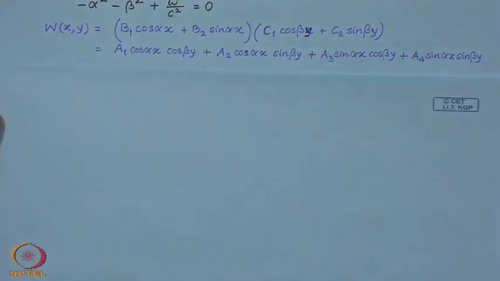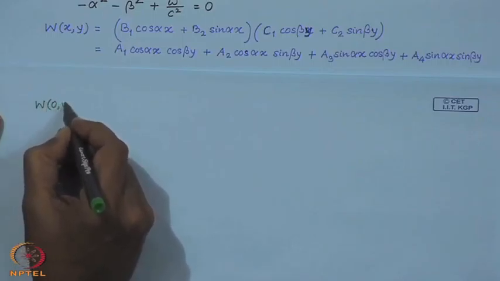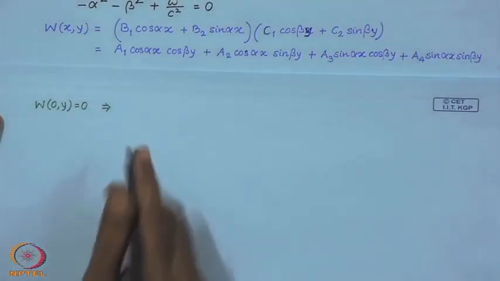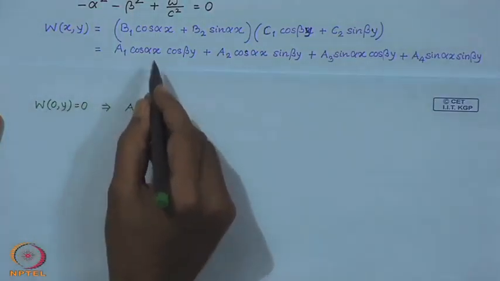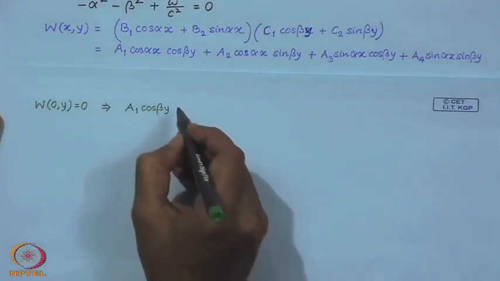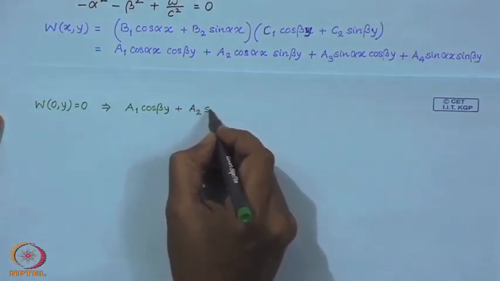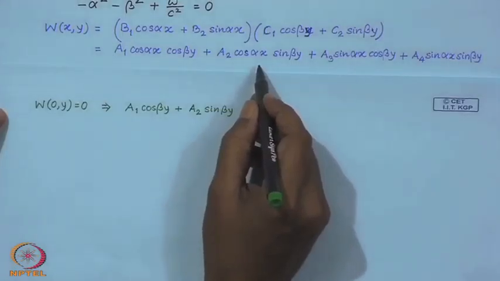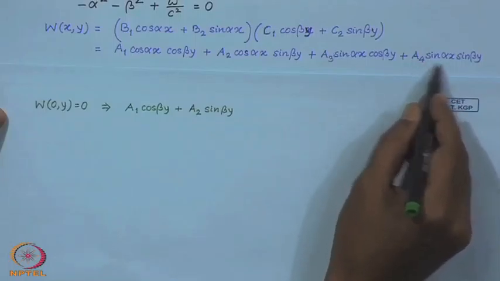So, you can see that this boundary condition would imply, with x put as 0, this follows from this term, and here it is sin alpha x, sin alpha x again here.